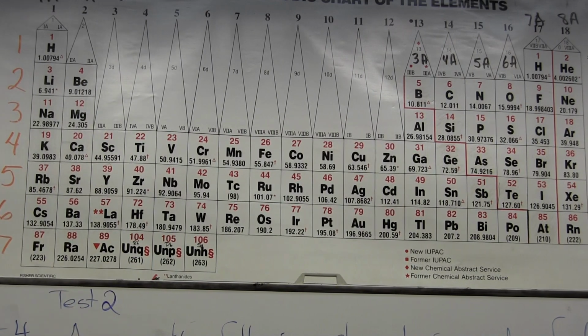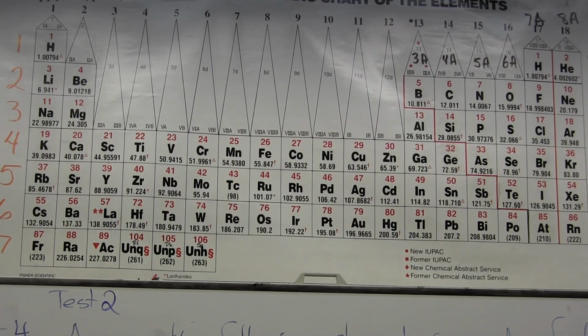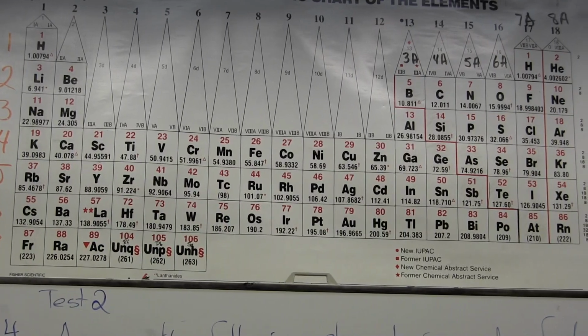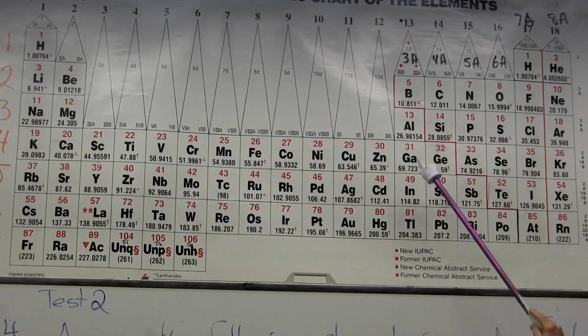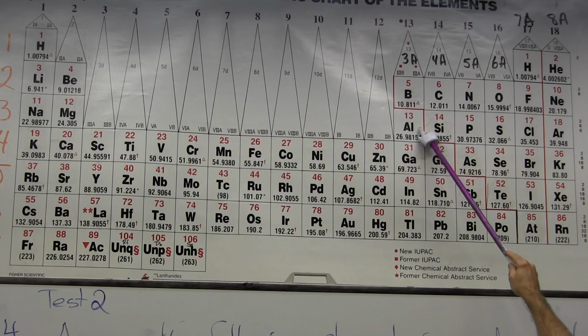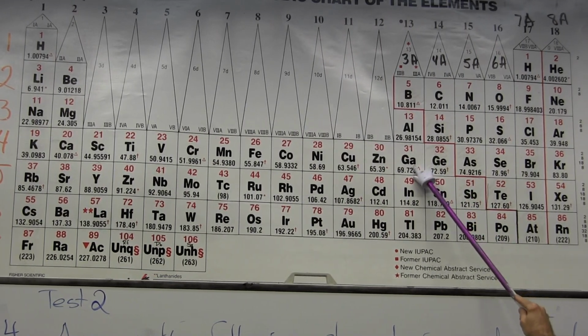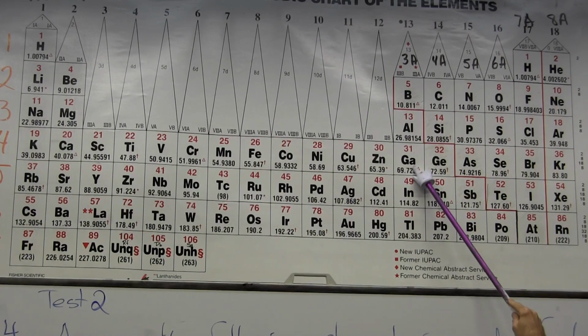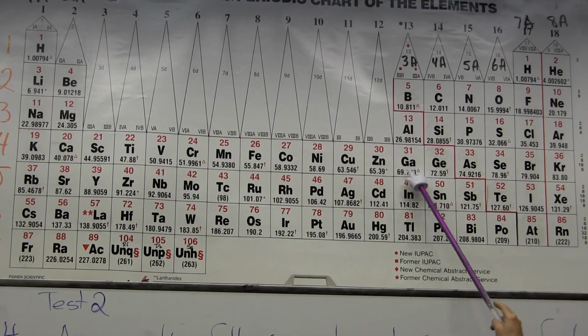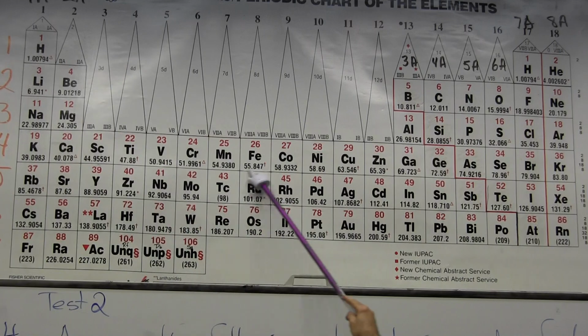Now the trend we have to take into account after that is there are two exceptions. And those two exceptions arise when we're coming down the group. As we go from aluminum to gallium, instead of getting larger, it actually gets smaller. And that is called the d block contraction, because of the presence of all these d block elements.